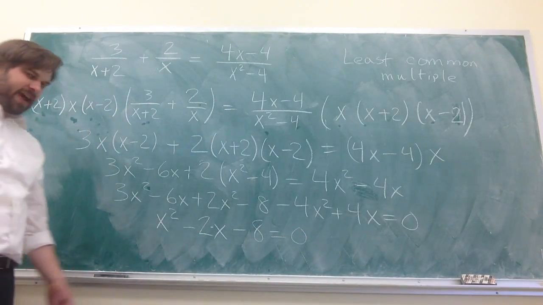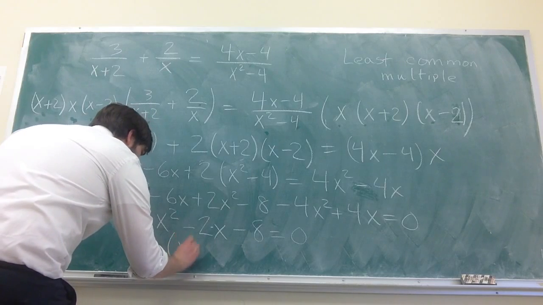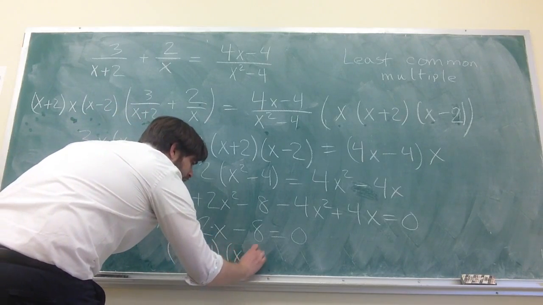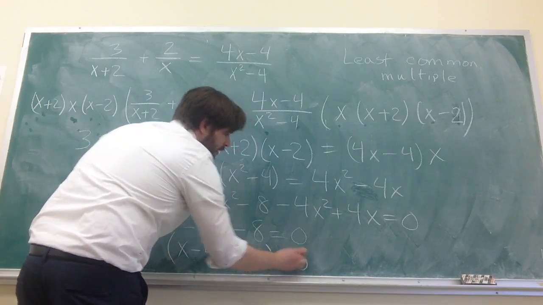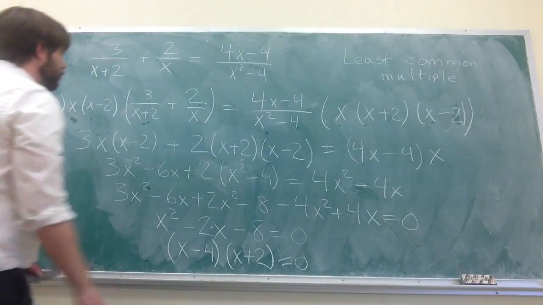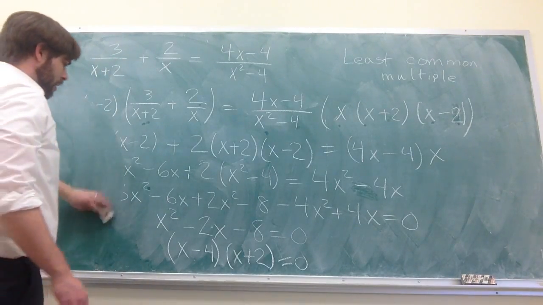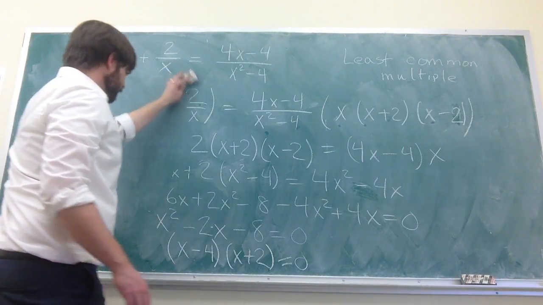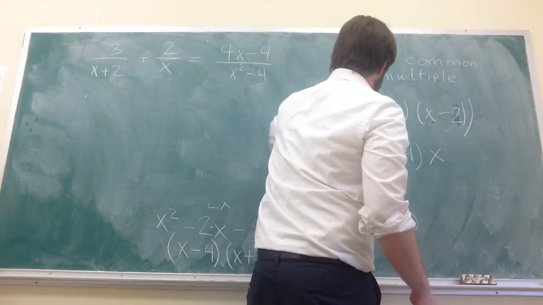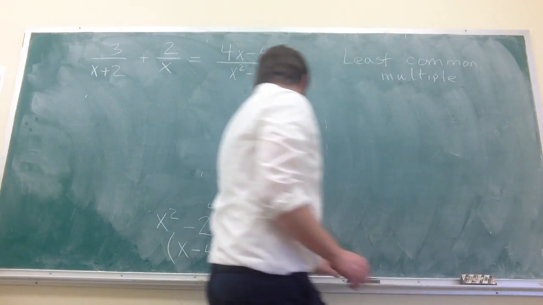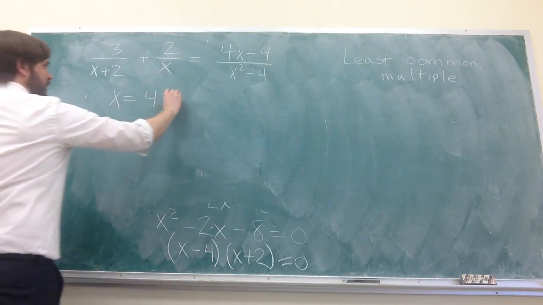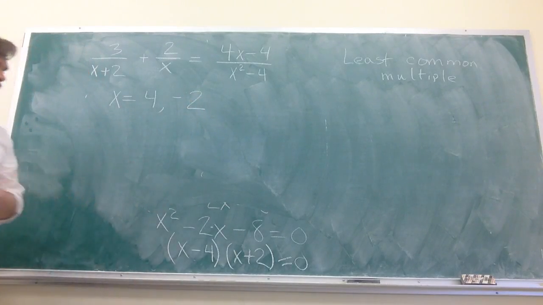Now this is a nice factorable expression. We get x minus 4, x plus 2 equals 0. So by the looks of it, we get the two answers. X equals 4, and x equals negative 2, just by solving this equation.